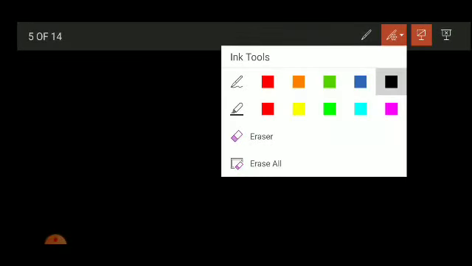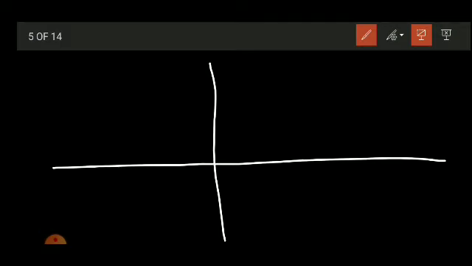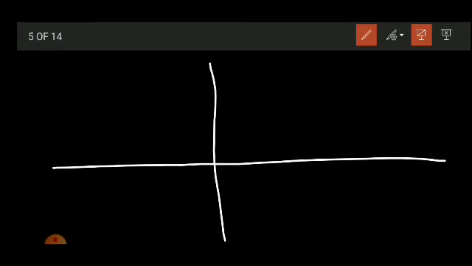First of all, we will draw the graph of sec x. For sec x, you have to draw the graph of cos x. So let me draw the graph of cos x like this. Okay. To get more accuracy, you can use the app known as Desmos.